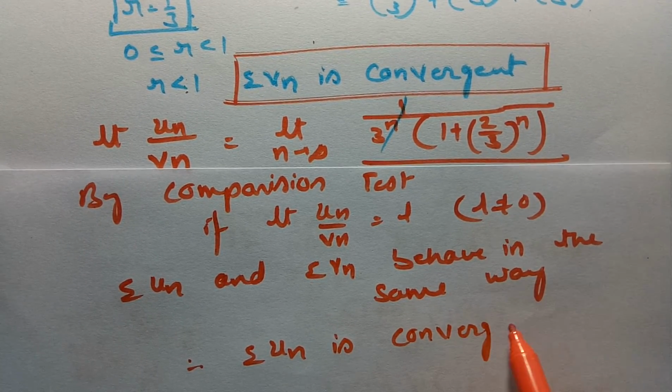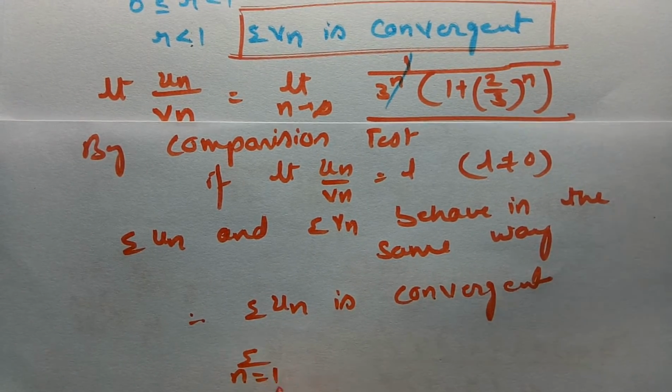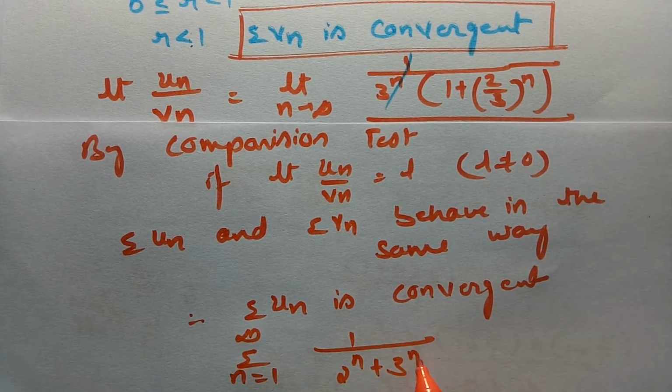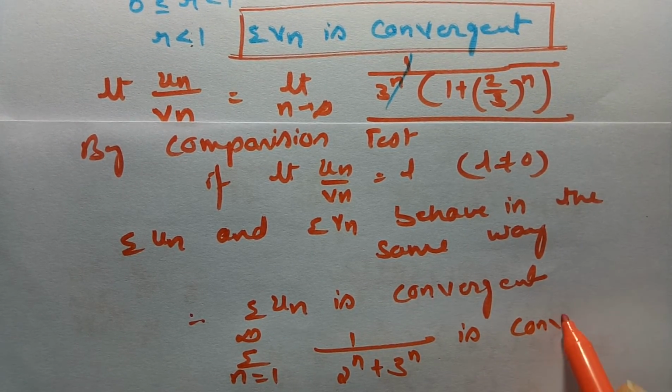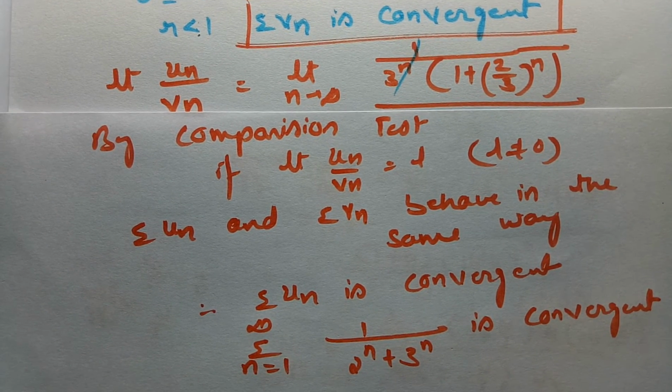What is sigma un? It is sigma n equal to 1 to infinity of 1 by 2 power n plus 3 power n, which is convergent. So you have to follow two tests, one is the auxiliary test and one is the comparison test.